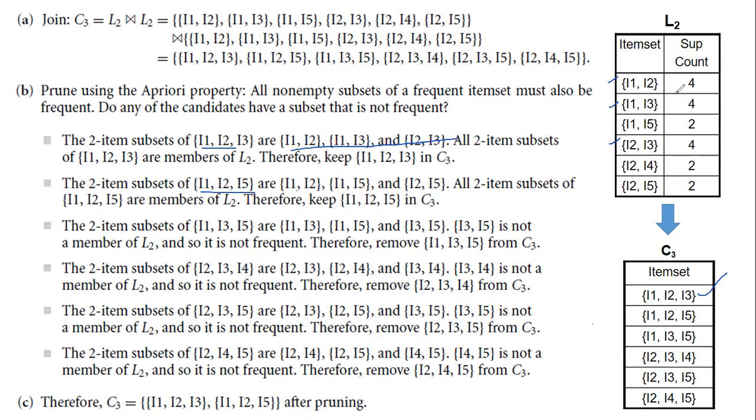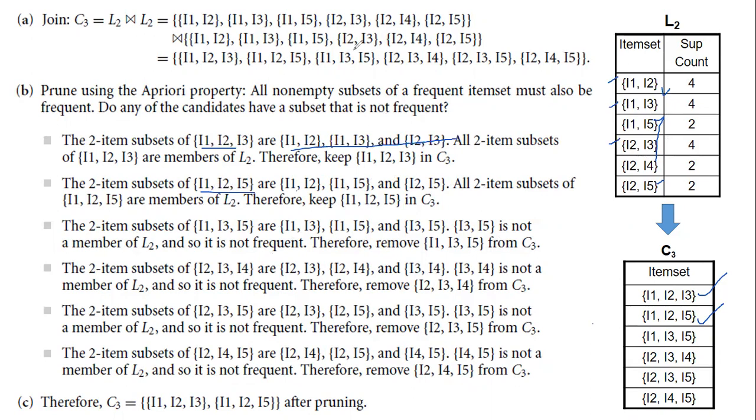I1, I2, yes, it is there. I1, I5, yes, it is there. I2, I5, yes, it is there. Then all three are there in the L2 frequent item sets. They are frequent. So we can consider I1, I2, I5 in the C3. So this can also be considered.